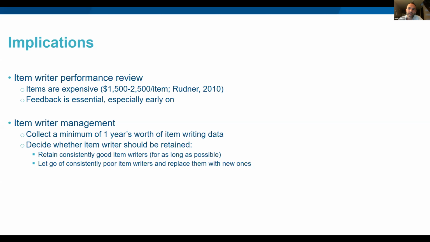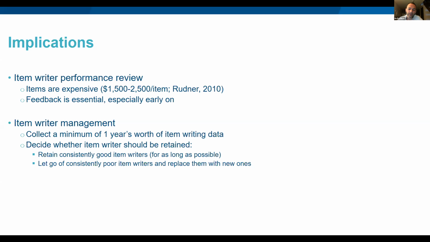So if an item writer is consistently producing good items, retain them, and actually retain them for as long as possible. We didn't see anything in the literature that said, no, you need to let them loose after 5 or 10 years. And some organizations do retain item writers for long periods of time, and if they're good, keep them.